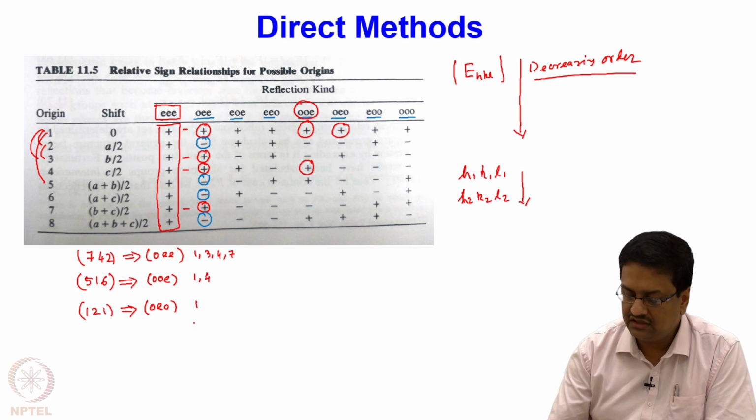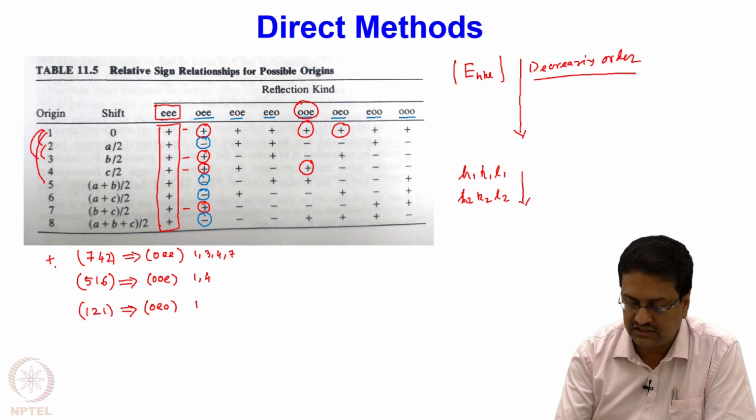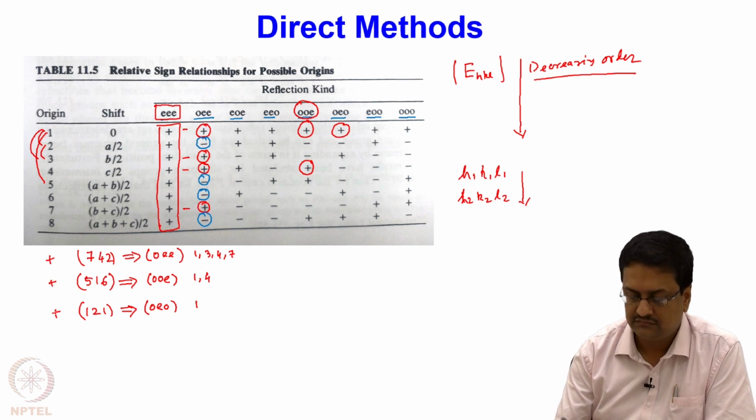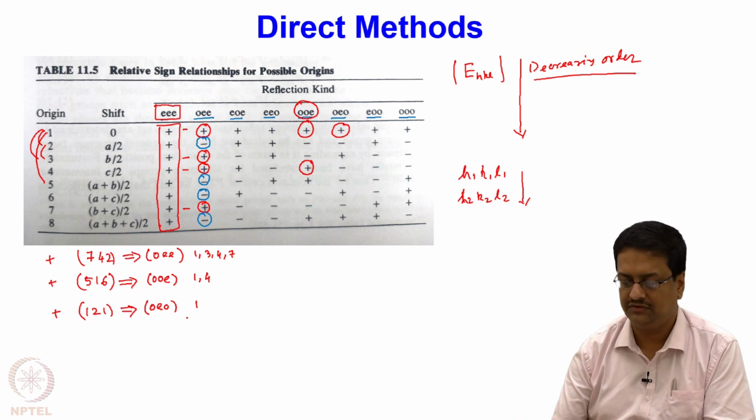So now with this condition, the phases of these reflections are all plus, and you have choices of those origins. So like that, we try to assign phases of a large number of reflections.